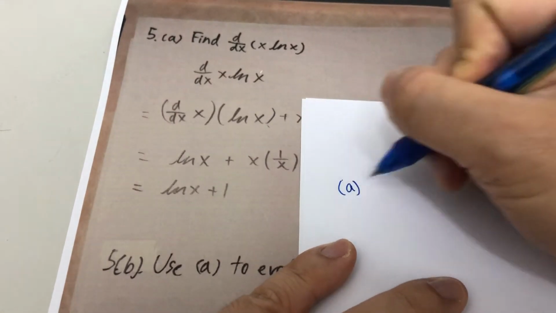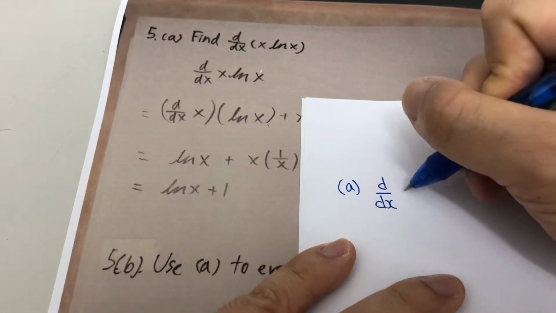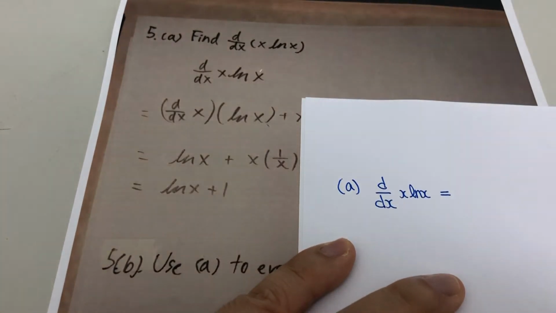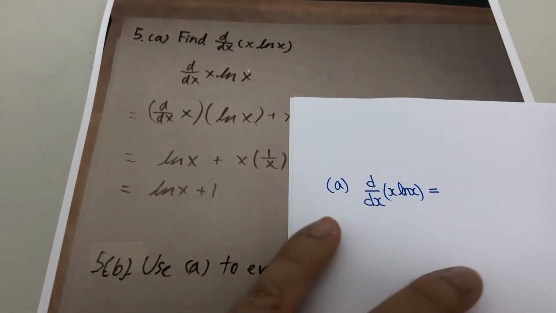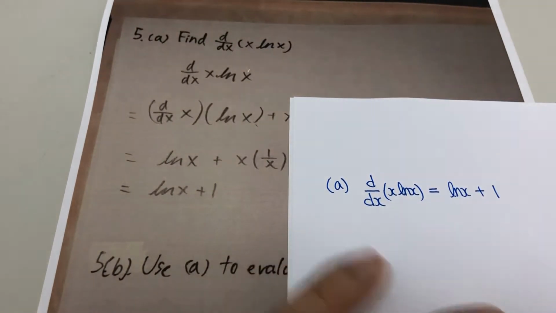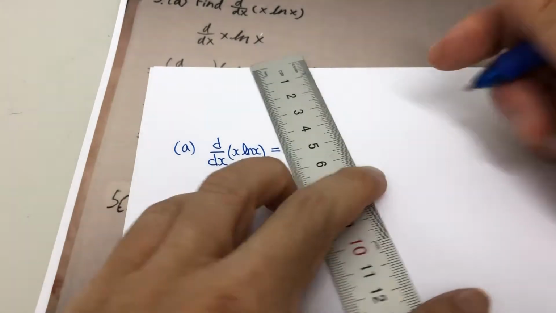We know that when we differentiate x log x it becomes log x plus 1. This is the result, right? So don't forget the relationship.